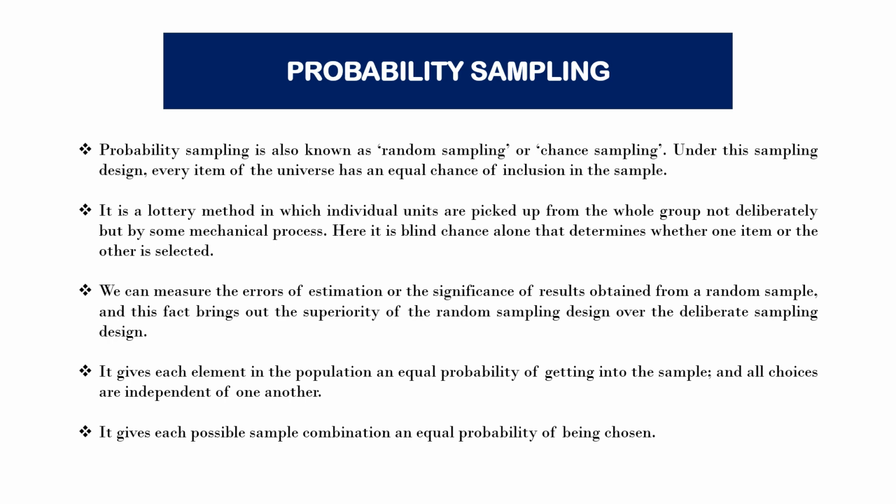It is purely a lottery method where we select an individual without knowing what its background is, what it is required for, or any advantage or disadvantage to that item. So it has a 50-50 chance of getting picked.